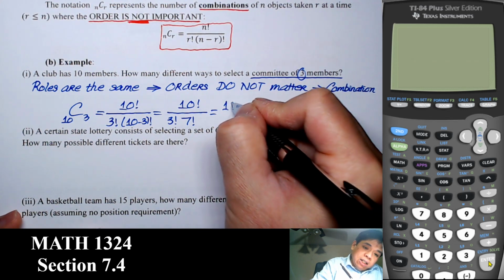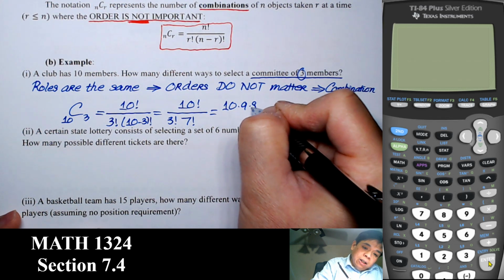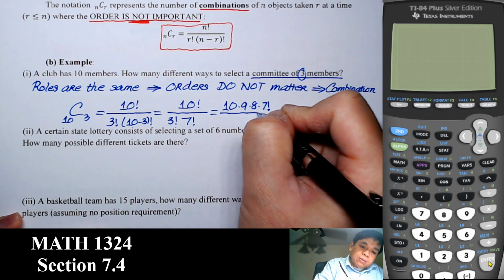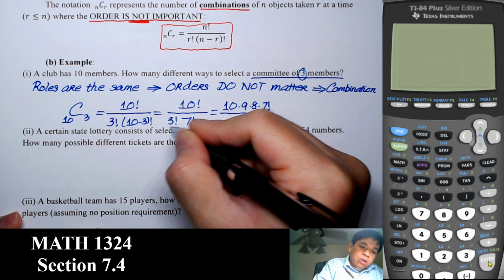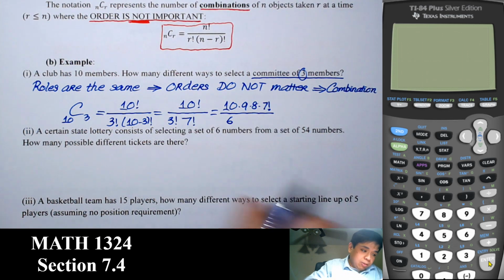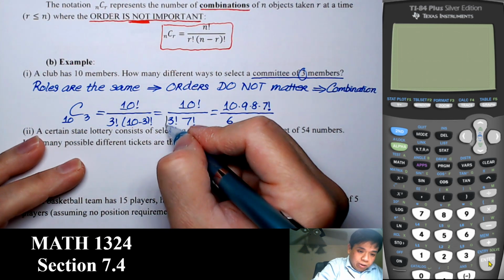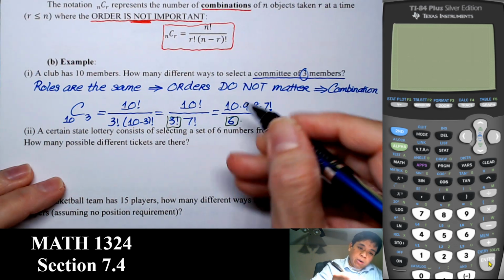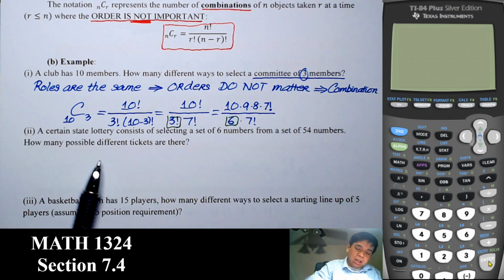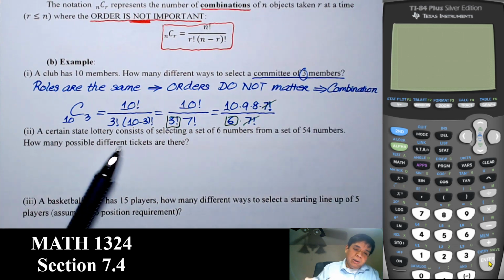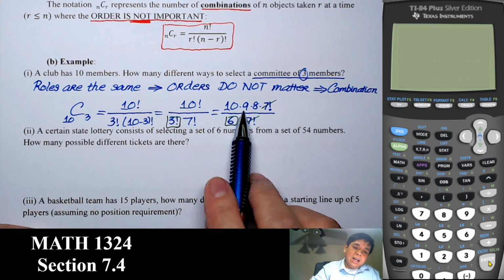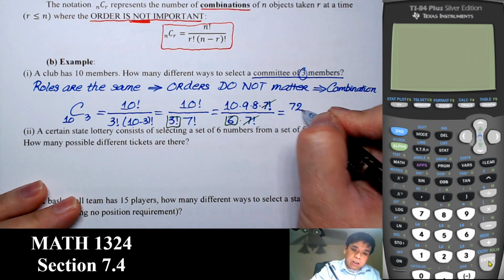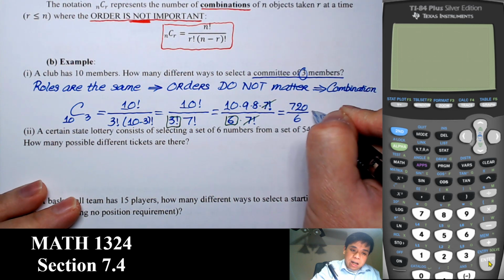Now for 10 factorial, I can say 10, 9, 8, and I stop at 7 factorial. 3 factorial is 6. And 7 factorial I'm just going to cancel, because it cancels nicely. And so we have 10, 9, 8 divided by 6. 10 times 9 times 8 is 720. Divided by 6, that's 120.